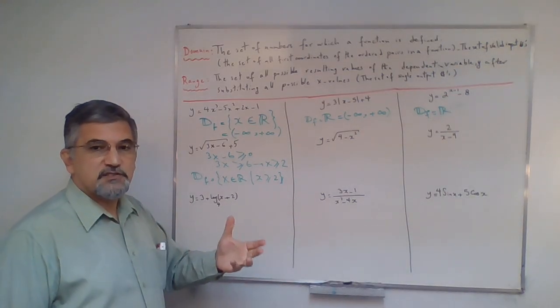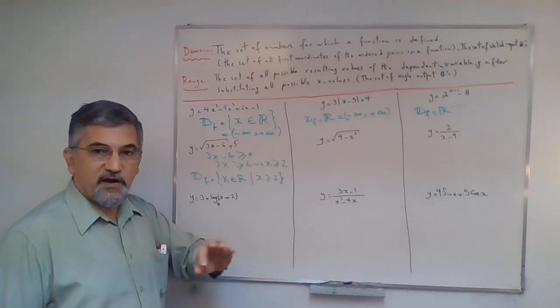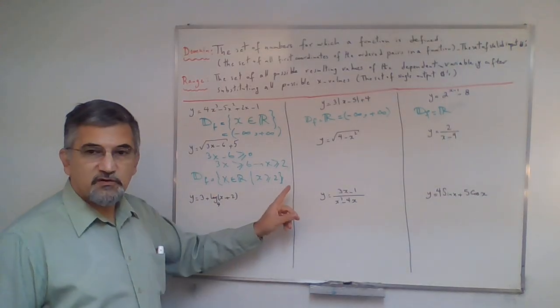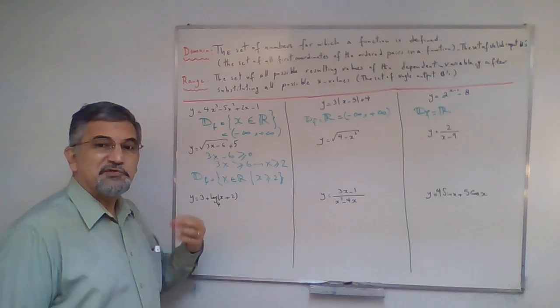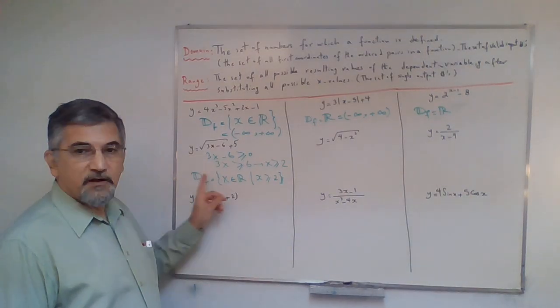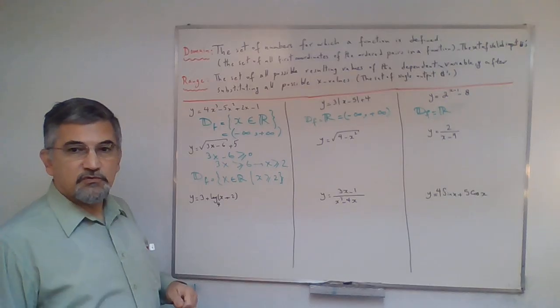So that was an English sentence. But if you want to write that down, it's going to take like 3 lines. Using mathematical notation, you can communicate your thoughts in short form. Okay, so that's the domain of the square root function.